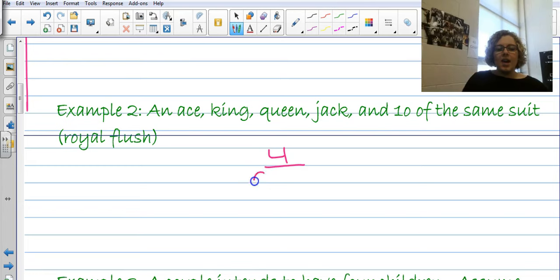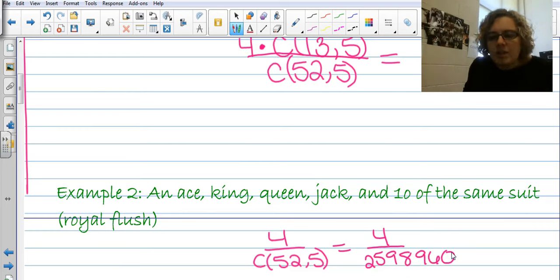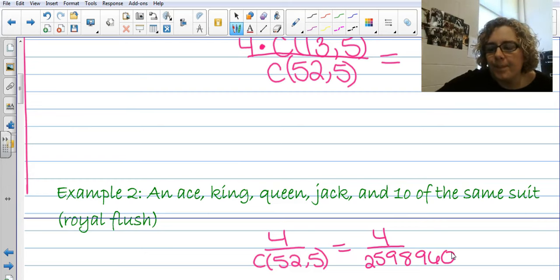And then I have combination 52 choose 5 as your total outcomes. So 4 over 2,598,960. And like I said, I want you to leave the fractions like they are. Please don't try to simplify them.